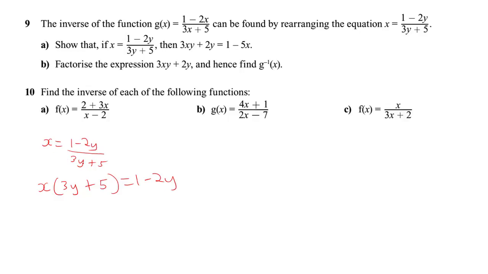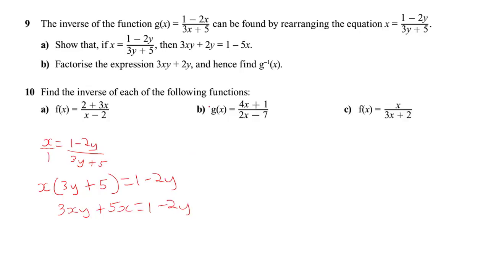You do the opposite, so 3y plus 5, you times it across. Or you could even put this over 1 if you want, so there's a fraction. If you times this side and you times that way, then they're equal. So 1 times 1 minus 2y is just basically that. And then you just open the brackets. I've got 3xy plus 5x equals 1 minus 2y. So that's where I am so far.